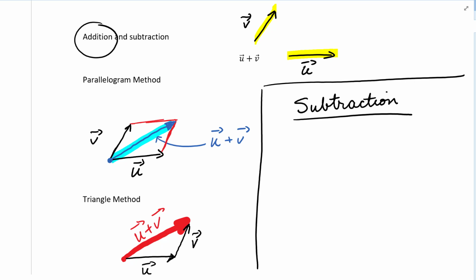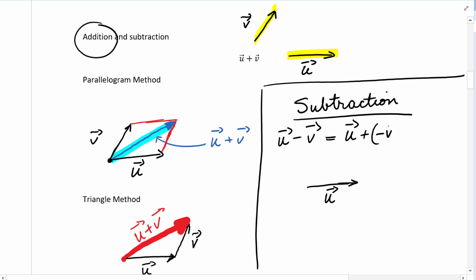Now, if I want to subtract, let's say I want to do U minus V. Well, I'm going to draw the vector U, parallel to U and the same length. And then I'm going to draw V, but I know that subtraction is actually adding the opposite, right?